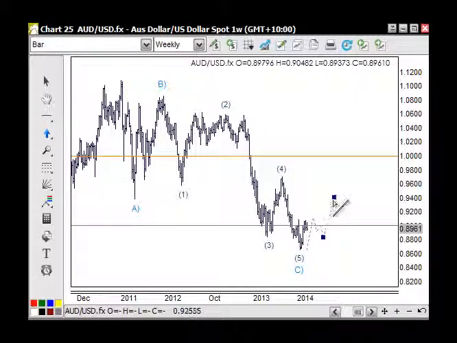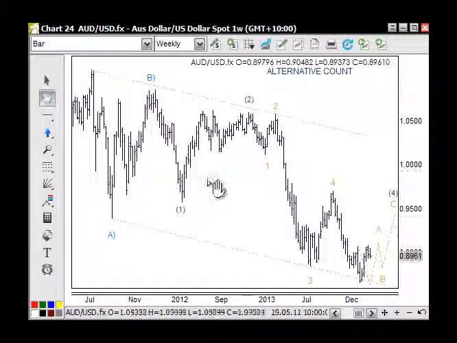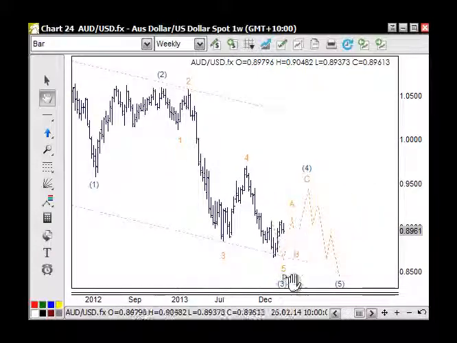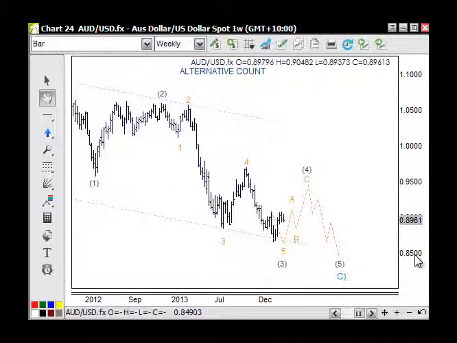But this push up from here could be a further move up, or it could be just an A and a B and a C pattern on the weekly, where we've got an A wave, a B wave, and a C wave as wave 4 here, and then wave 5 down through to here.